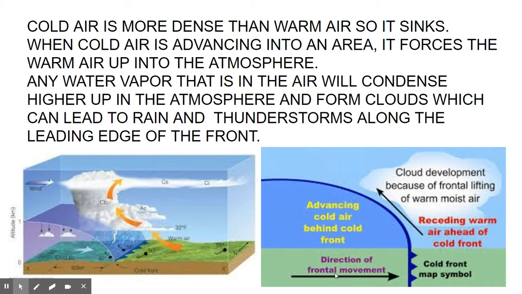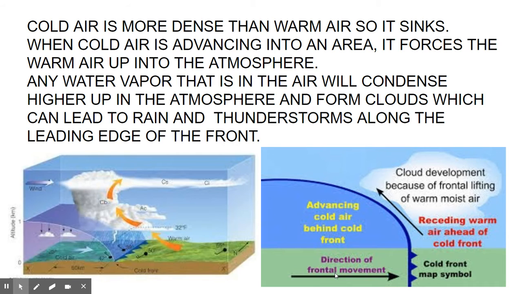So a cold front represents the border between the cold air and the warm air, and the cold air is moving into an area. And because cold air is more dense, it tends to sink towards the surface of the earth. And as it moves into an area, it forces the warm air up.